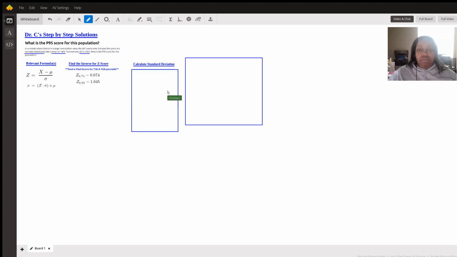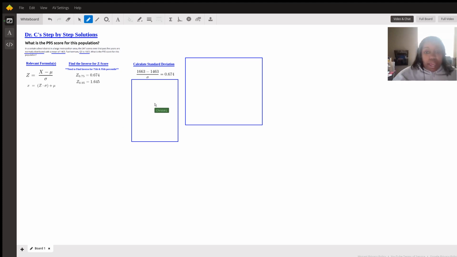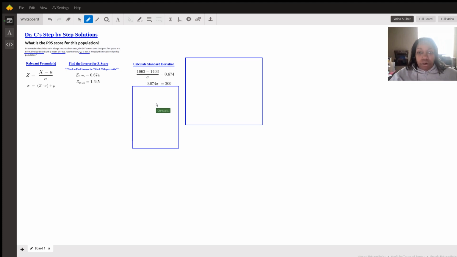Okay? So the first thing we do is, because we've already found the z-score for the 75th percentile, we just plug it in and we use the formula. So we have 1663 minus 1463 over standard deviation equals 0.674. Of course we multiply everything over, and we're trying to get the standard deviation by itself.